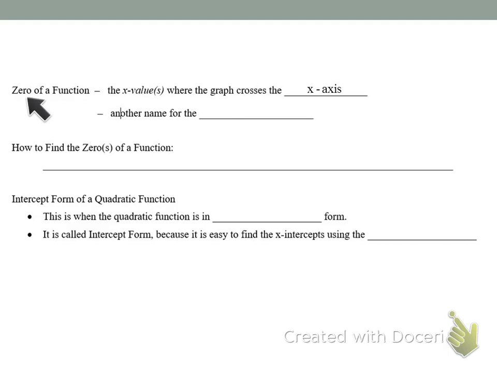So the word zero of a function is where the x values, where the graph crosses the x-axis, also known as the x-intercepts. So to find the zeros of a function, we're going to make the y-coordinate be 0. So we're going to plug a 0 in for y and solve.